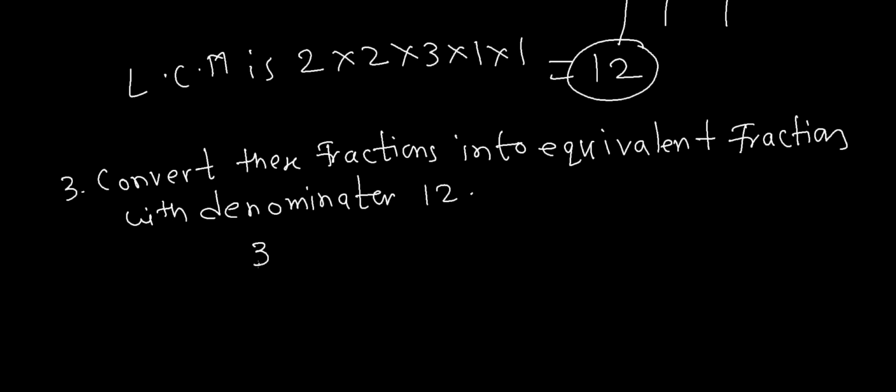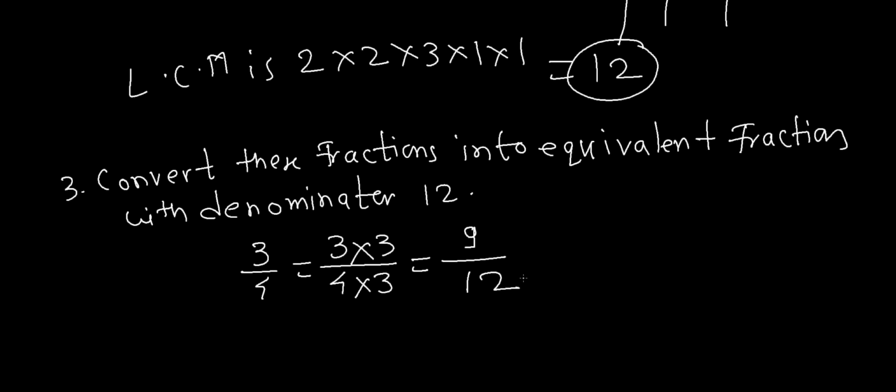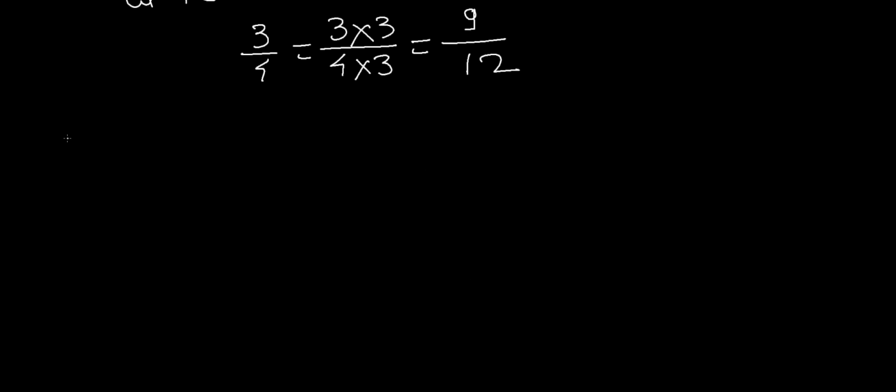So 3 by 4 equals, we have to make the denominator 12. What multiplied by 4 gives us 12? 4 into 3 is 12. So we will multiply 4 by 3, and at the same time 3 by 3, 3 into 3. This gives the value 9 by 12. Now compare their numerators.